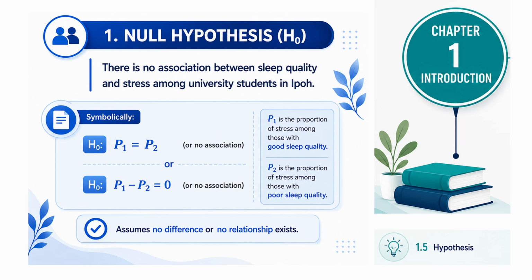The null hypothesis is that there is no association between sleep quality and stress, so proportion 1 will be equal to proportion 2. That is, the proportion of stress among students with a good sleep quality will be equal to the proportion of stress among students with a poor sleep quality. P1 minus P2 is equal to 0. That means there is no difference in proportion. It assumes that no difference or no relationship exists.